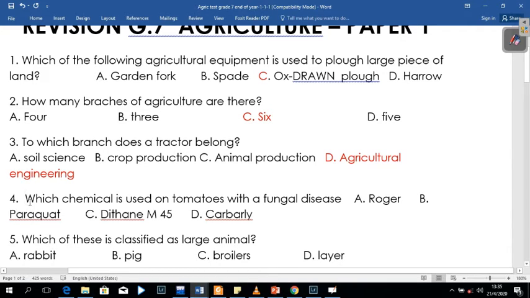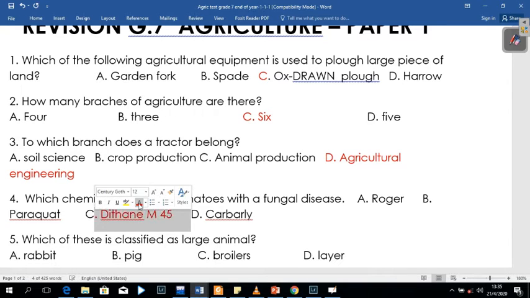Which chemical is used on tomatoes with a fungal disease? Must put a period. Remember that it is important to put a period after every sentence. A, we have Roga. B, we have Paraquat. C, we have Diethane M45. D, we have Cabral. Right. The right chemical here is Diethane M45.